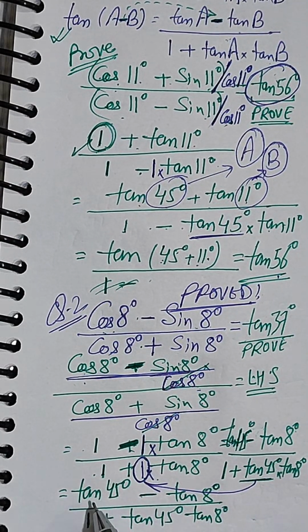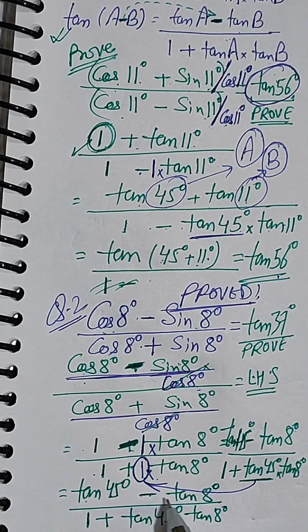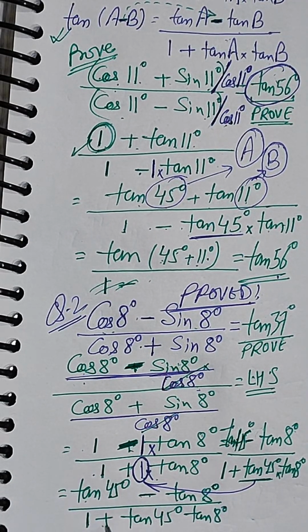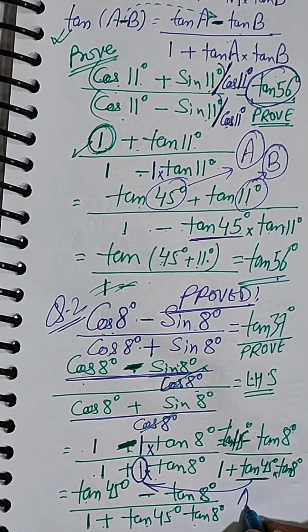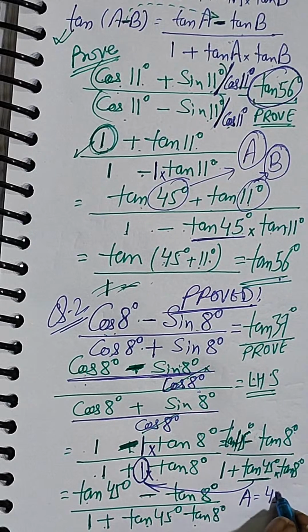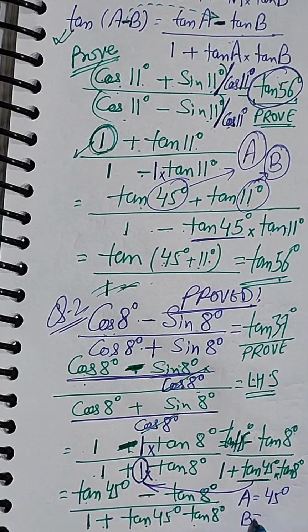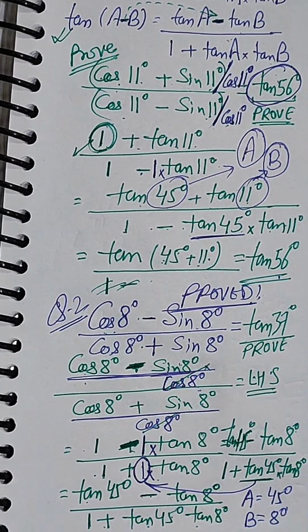So here you can see tan A minus tan B by 1 plus tan A tan B, where A is 45 degree and B is 8 degree, isn't it?